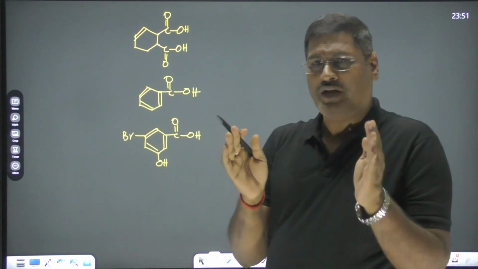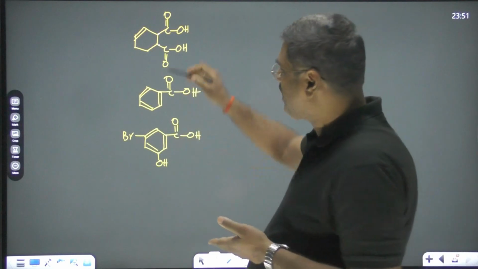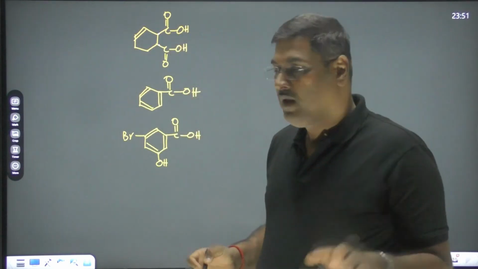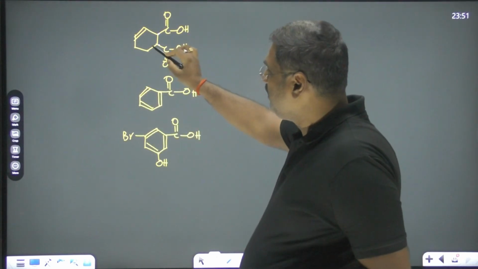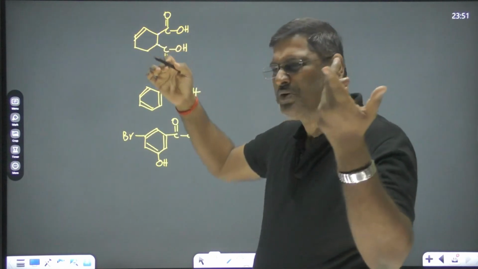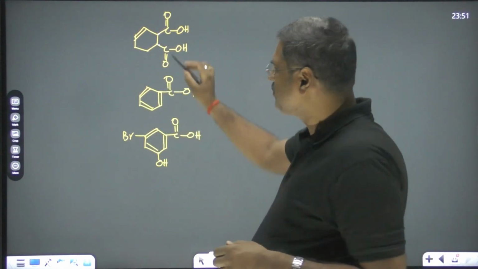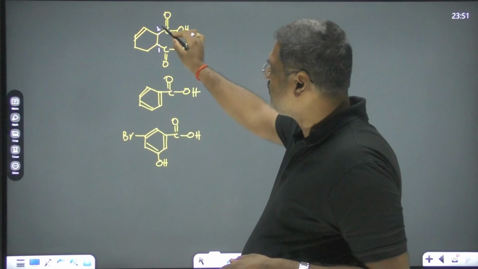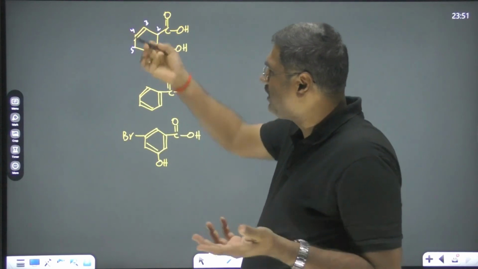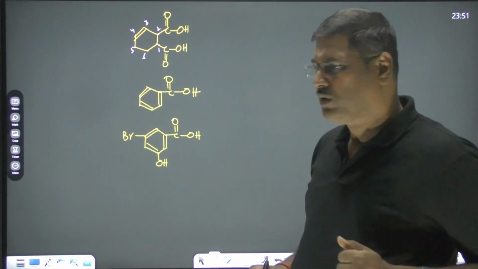Both COOH groups are getting 1 and 2 only, whether you start from here to there or from there to here. But if you start from here, unnecessarily this one will get the 5th position for the double bond. But if you start from here, this one is 1, 2, 3, 4, 5 and 6. We get the double bond also at the lower locant.